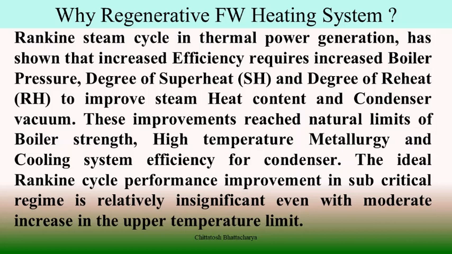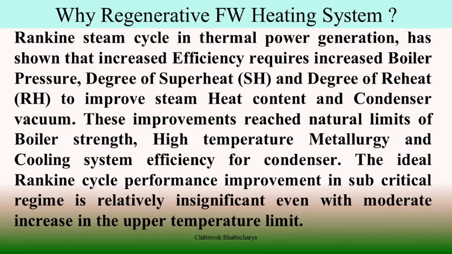Actually, in the Rankine steam cycle, in thermal power generation, increasing the boiler pressure, degree of superheat, degree of reheat, and reducing condenser pressure, that is, increasing the vacuum, all increase the efficiency.